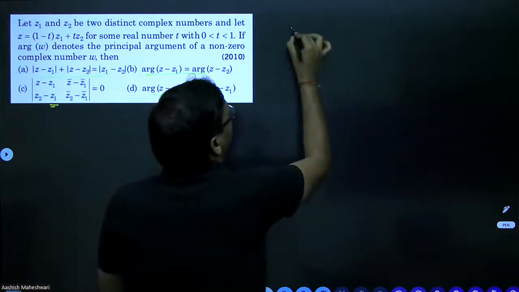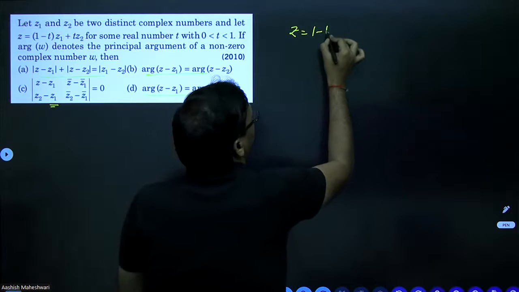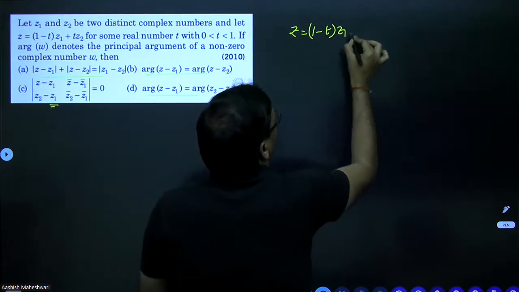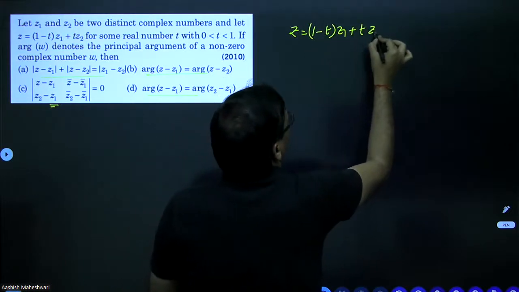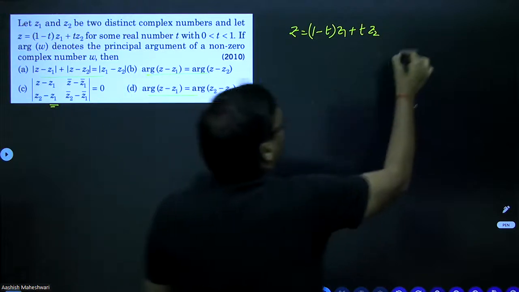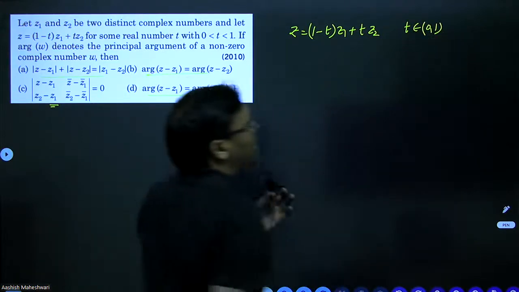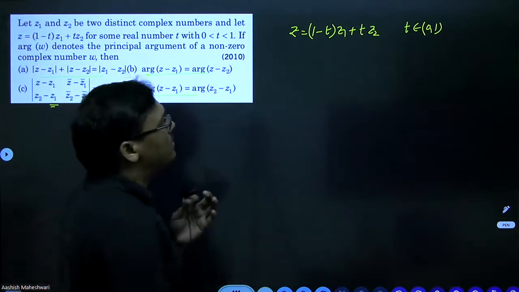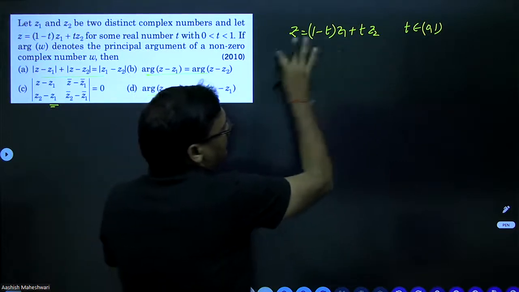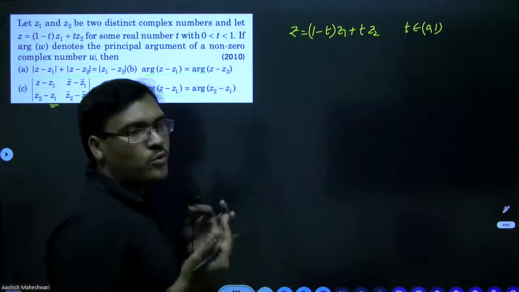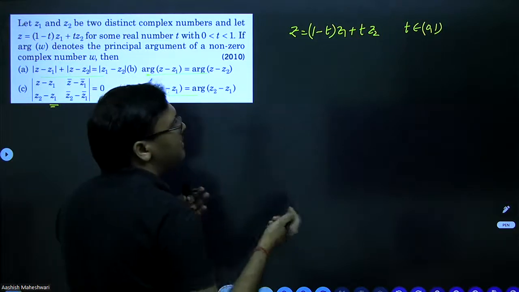If you have Z is equal to (1 minus t)Z1 plus tZ2, correct? And t is a real number which is between 0 and 1. इसको देख के आप क्या कमेंट कर सकते हैं? What is the geometrical interpretation of this? Think about this.